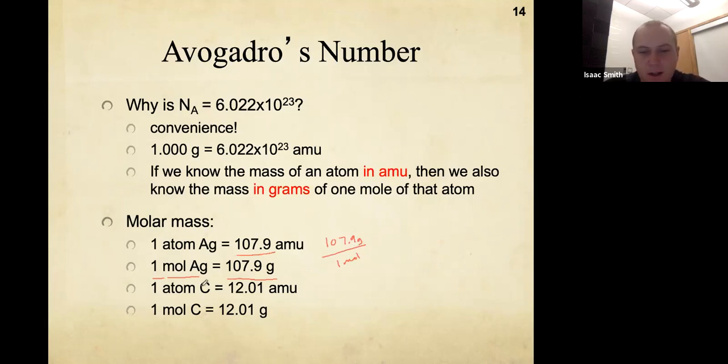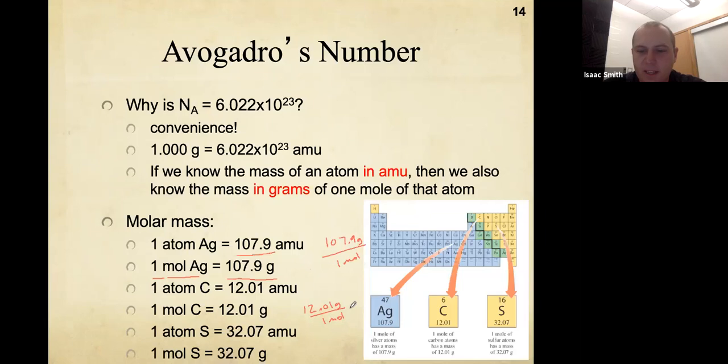Carbon, for example, is 12.01 grams per 1 mole. You can look at the periodic table and find these molar masses of all these different elements. The number that you see below, the units are going to be in grams per mole. That's the easiest way to think about it.